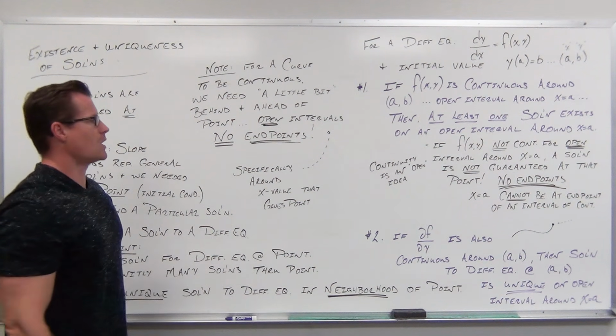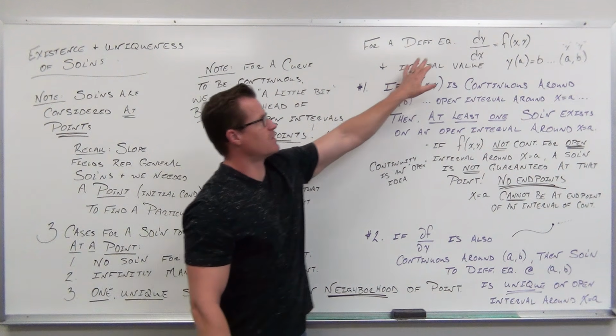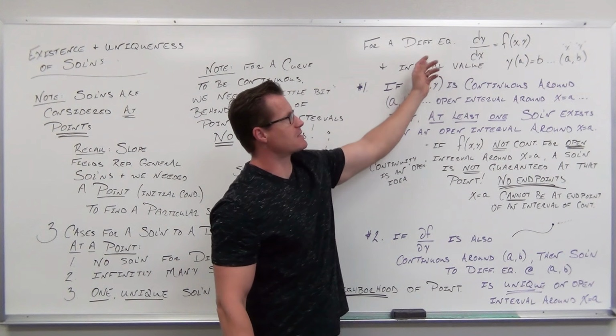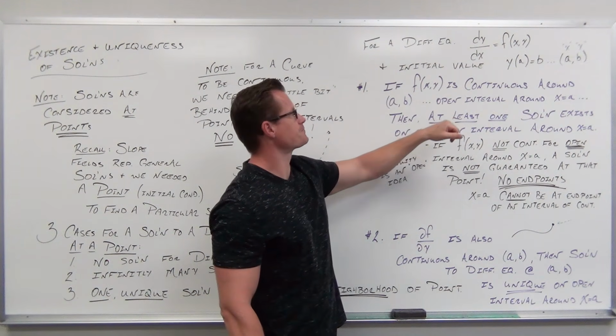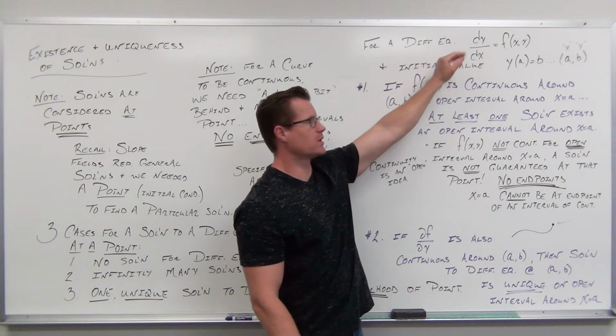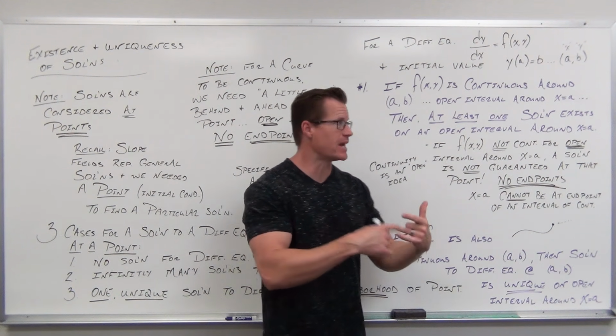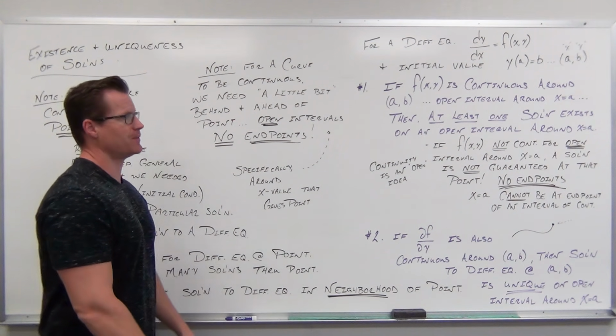So what are the things we're talking about? For a differential equation, let's say we have the derivative of y with respect to x equal to a function of x and y, and an initial value. So we have a differential equation like we know and love, and we have an initial value. That's a point. We consider solutions to be at points. Here's what's going to happen.